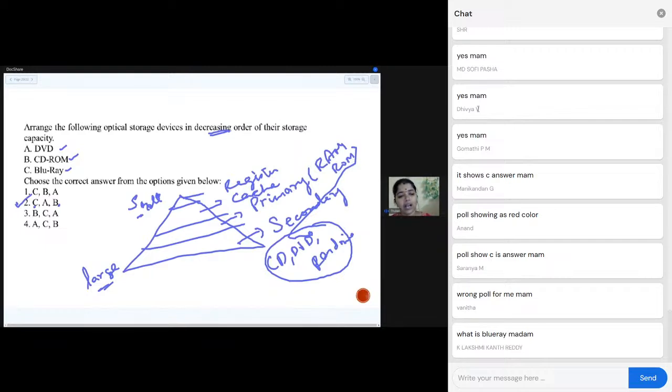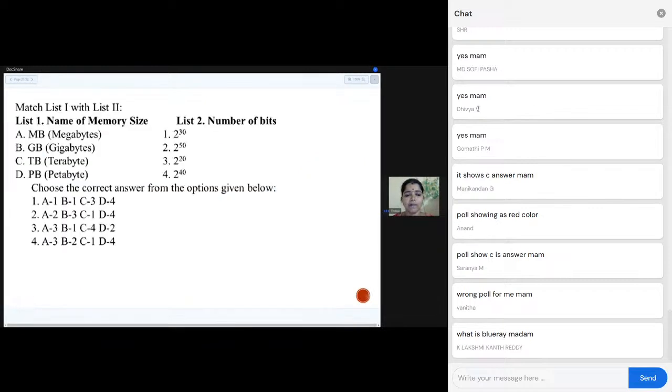Blu-ray is a kind of disk, a storage device, like a CD. Next, this is a most important question with respect to ICT, on memory size and storage size.